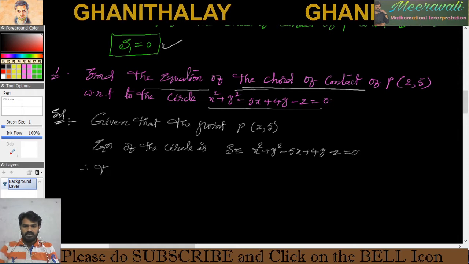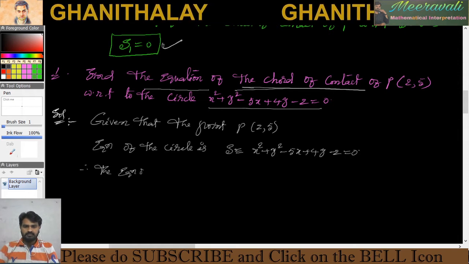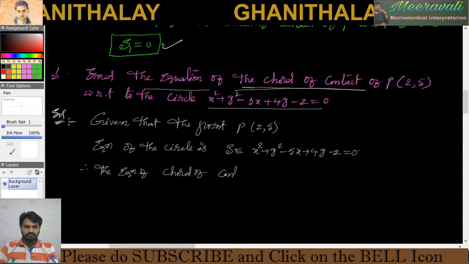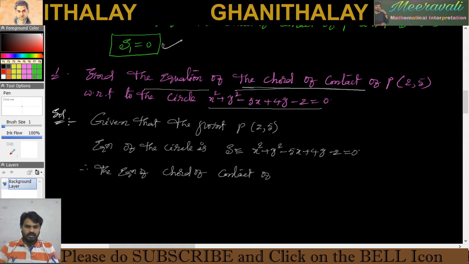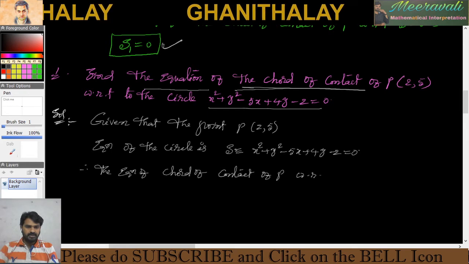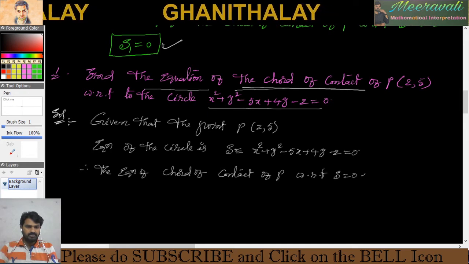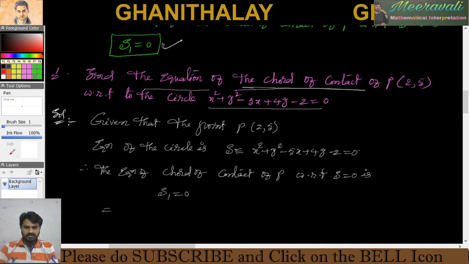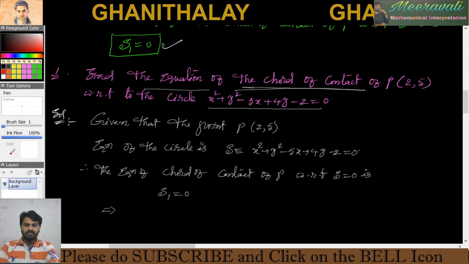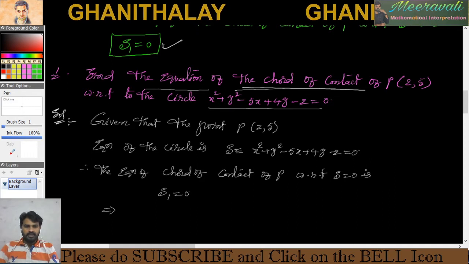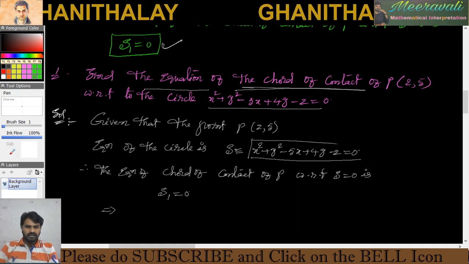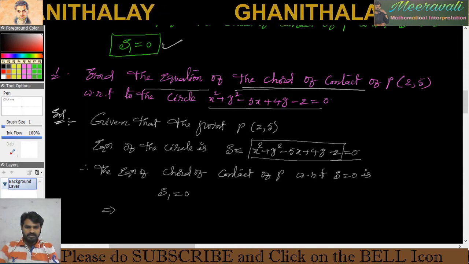Therefore the equation of the chord of contact of P with respect to the given circle S = 0 is S1 = 0. Students, remember how to write S1 here. By taking S = 0, we need to find S1 = 0.